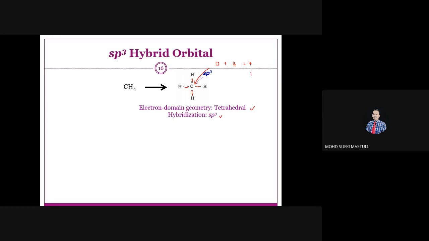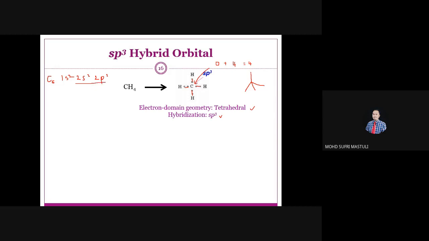Okay, geometry is tetrahedral. Hybridization is sp3. So similarly, you have to draw the energy level diagram of the central atom, carbon. Total electrons of 6: 1s2, 2s2, and also 2p2.